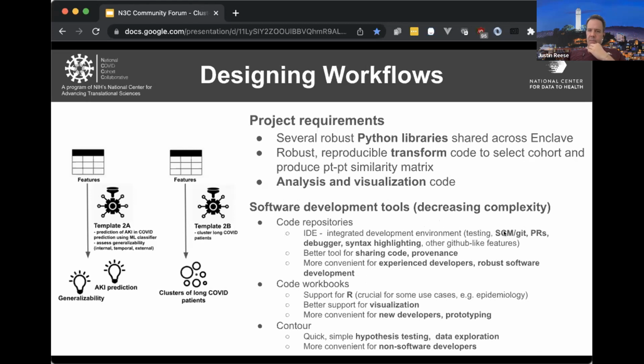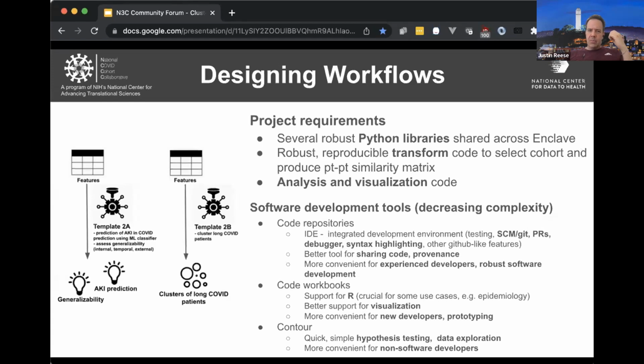You get a source control management solution similar to Git, and you get pull requests, and the debugger is especially nice for me, and you get syntax highlighting, and it just makes coding a lot more like what a lot of developers are used to. It generally has better tools for sharing code and provenance, and more convenient. This is more of an environment that developers are used to.